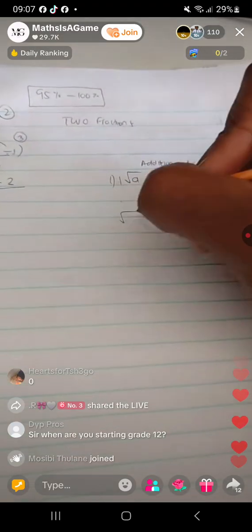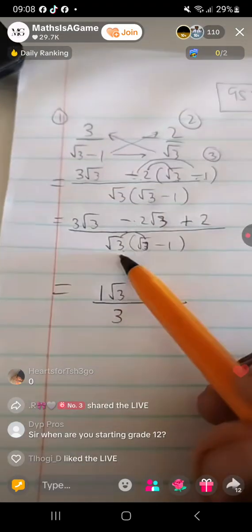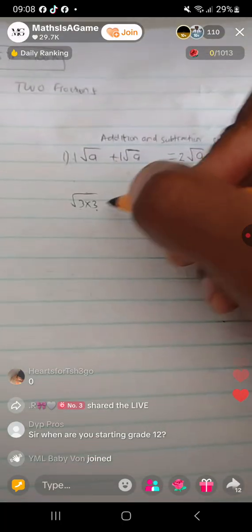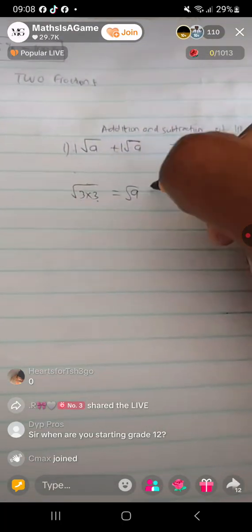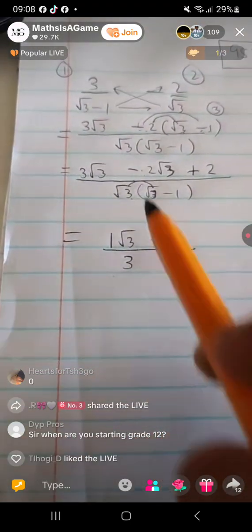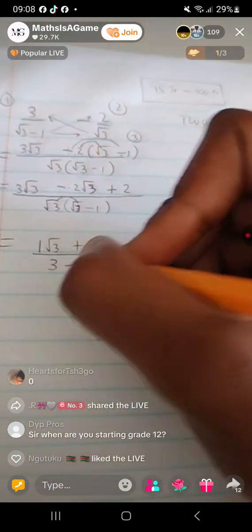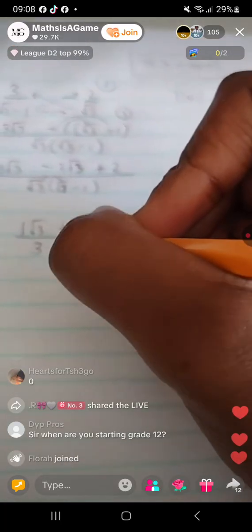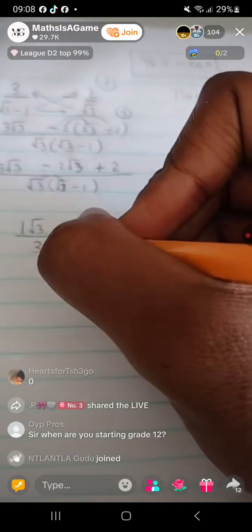Remember, guys, why do we say we get 3? Root 3 times root 3, we take the same root and multiply 3 and 3, we get square root of 9, which is 3. So that's why root 3 times root 3 is 3. Then root 3 times negative 1 is negative root 3.